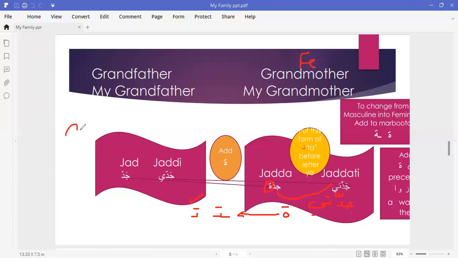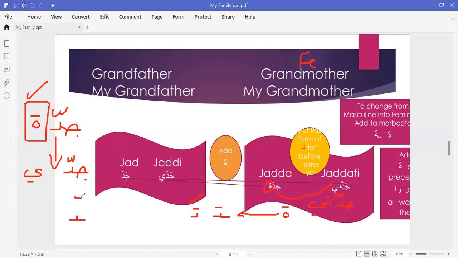So grandmother is jadda, okay? I want to change it to my grandmother. The rule says in order to change grandmother to my grandmother, we should add ya at the end, okay? So it's now jadda. Can this ta marbuta be in the middle? No, because we agreed the ta marbuta is only at the end. So this ta marbuta has to be in the middle. How is the ta in the middle?